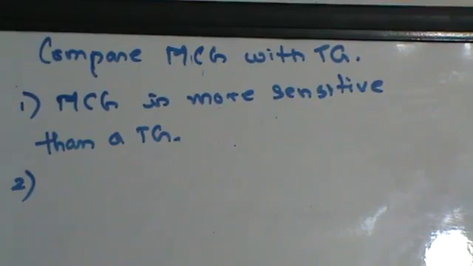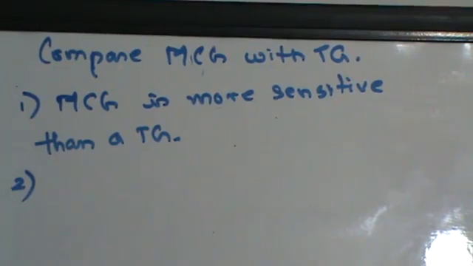The sensitivity of the moving coil galvanometer can be easily increased without losing the accuracy. But in the case of a tangent galvanometer, if I want accuracy, I have to increase the radius, and if I increase the radius, I will lose the sensitivity.